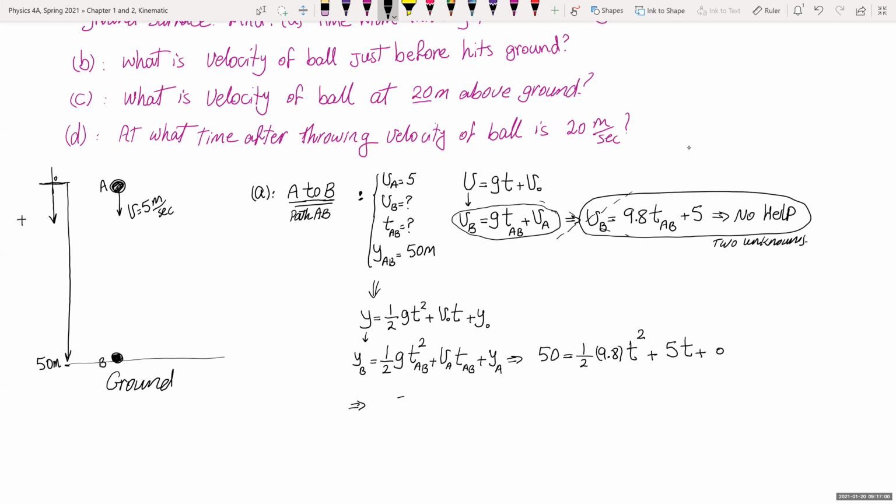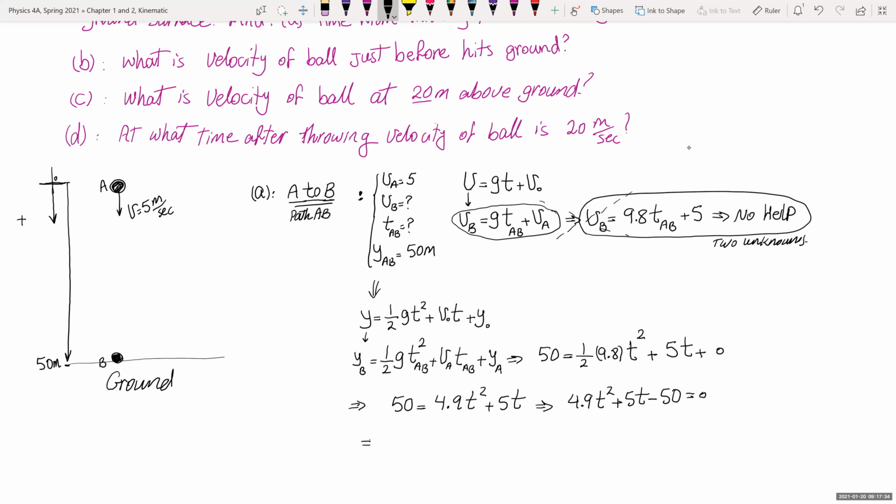Therefore, I am going to have 50 equals 1/2 times 9.8, which is 4.9, t squared plus 5t. So this is my quadratic equation. Make sense?